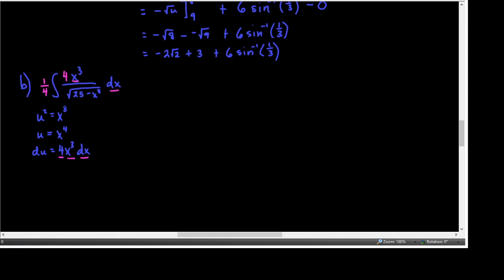In this problem also, the a squared is 25, which means that a is 5.